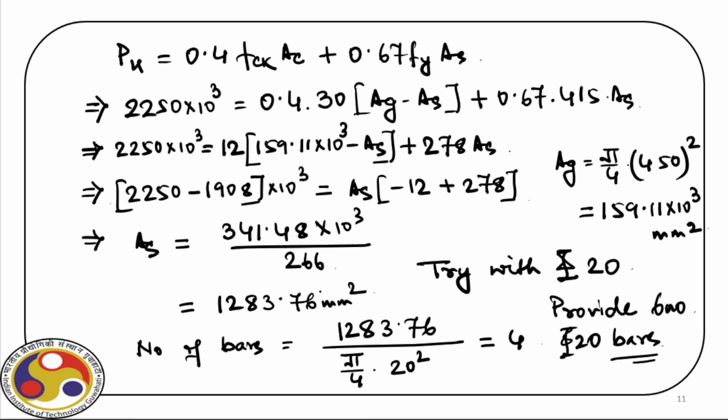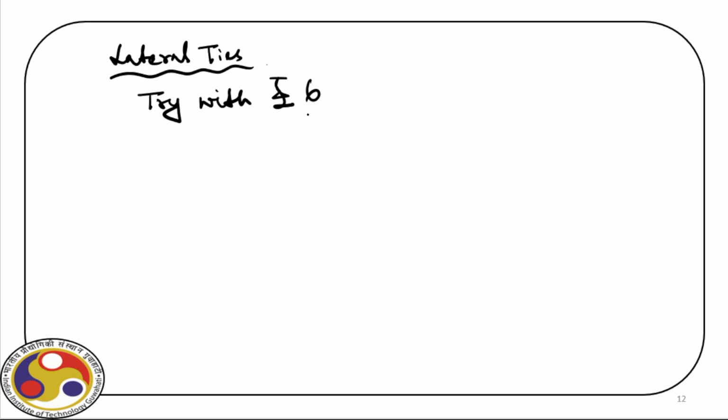Now again, the last step is we have to also find out lateral ties. For that, try with phi 6, and then spacing is minimum of 3.